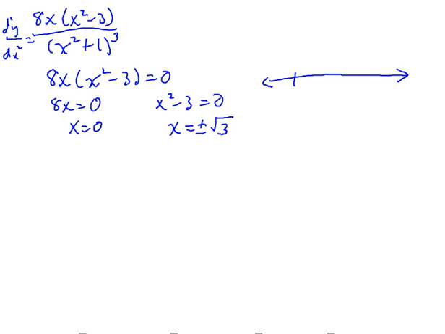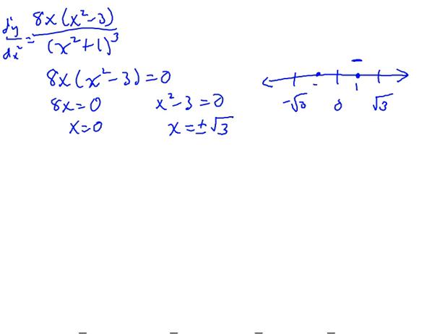So again, we could plot those on the number line. Square root of 3 is a number between 1 and 2. So what if we plug in 1 into the second derivative? Our denominator is always going to be non-negative, so we just have to see the sign of our numerator. We'd have 8 times negative 2, so that would be negative.